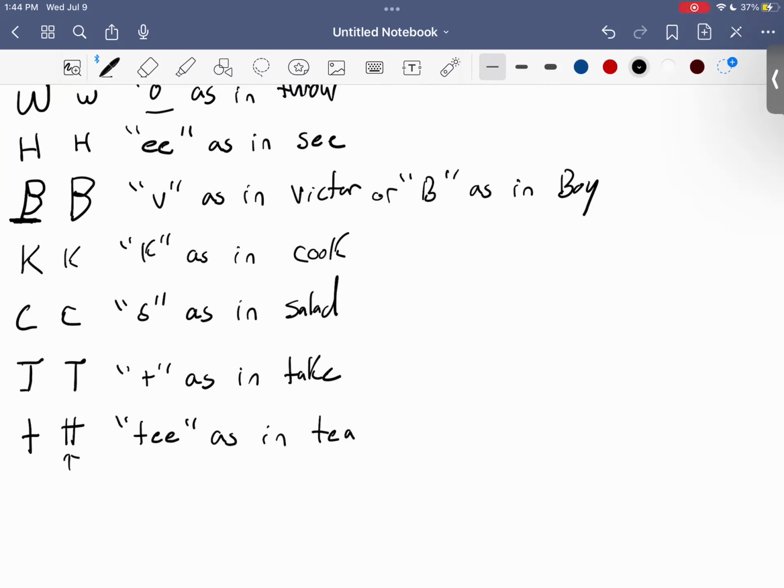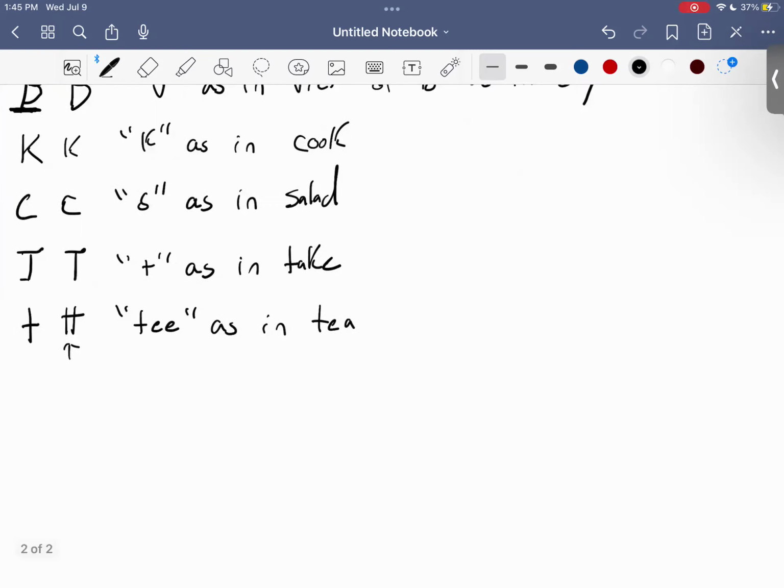So we have T and T, and that's important to note there, which is that it's going to have two different sounds, depending on if it's a T like a cross, or a T as in take. So if you have tav, it's a T, and if you have this one, it's going to be a T, of course.